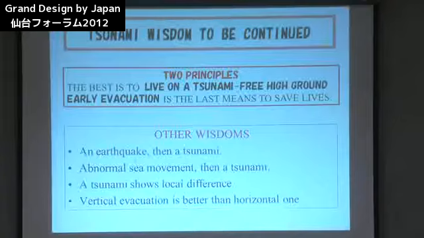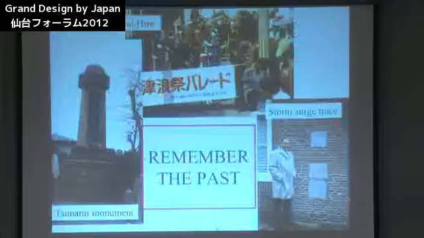The best is to live on tsunami-free high ground. The last means is early evacuation. Other wisdoms are an earthquake, then a tsunami, and abnormal sea movement, then a tsunami. These are other wisdom, but this wisdom has some exceptions.